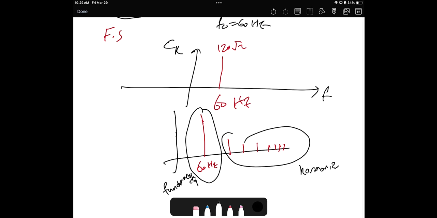So here like 2 times f, 3 times f, 4 times f, etc. These harmonics are undesired because we would like to make the signal a pure cosine without any disturbance, so the ideal case.